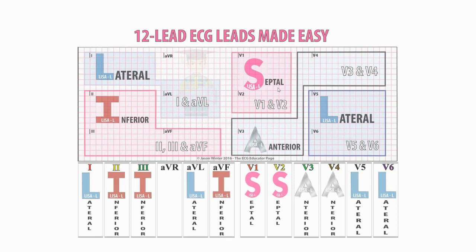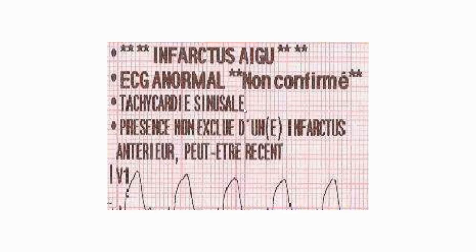Then septal for our V1, V2. And anterior, V3, V4. And then lateral. So when I'm looking at it, again, you may have a better way, but I would just always remember Li, Li, Sa'al, okay? Then I can quickly determine which parts of the heart are affected, or which parts of the heart correspond to which leads on my ECG.